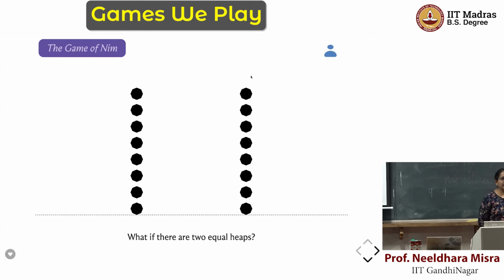it's 9 and 9, and let's say again, who wants to be first player? Okay, you're the first player, somebody be the second player? Okay, perfect. So first player, what do you want to do? Remove 8 from the first one. So you want a 1 and 9. What do you want to do?